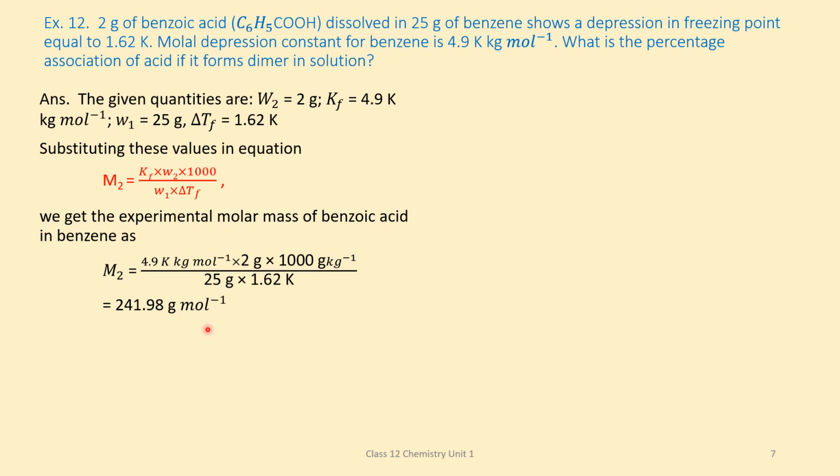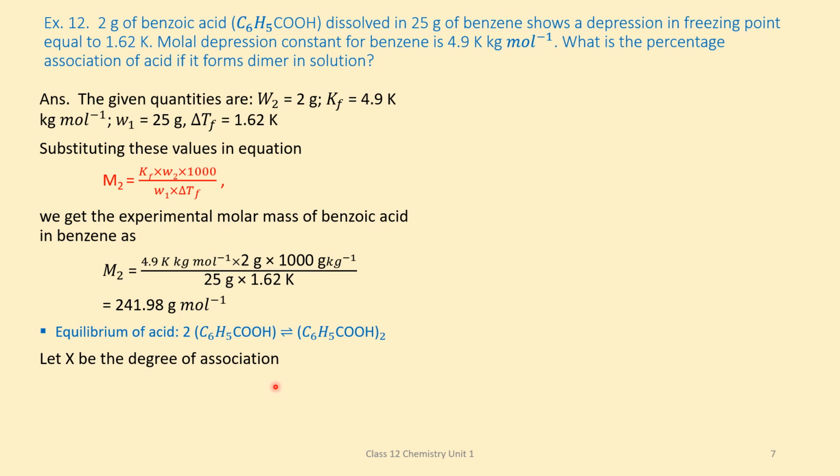Now consider the following equilibrium for the acid, that is 2 C6H5COOH associates to form (C6H5COOH)2, as written and shown on the screen in blue color.